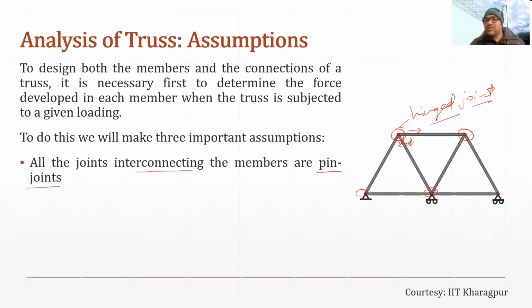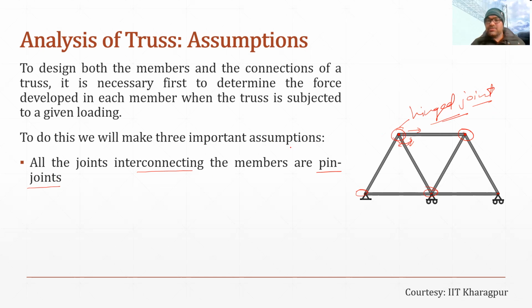Which means if rotation is permitted, the moment will be zero here. So that is the hinged joint. All the joints in the truss are considered as hinged or pin joints. So that is the first assumption.